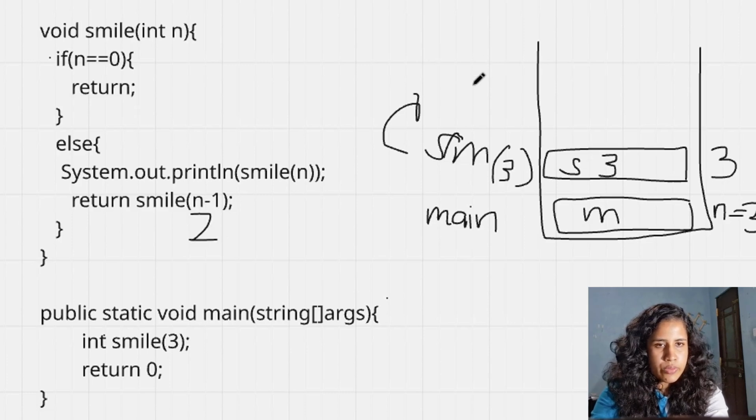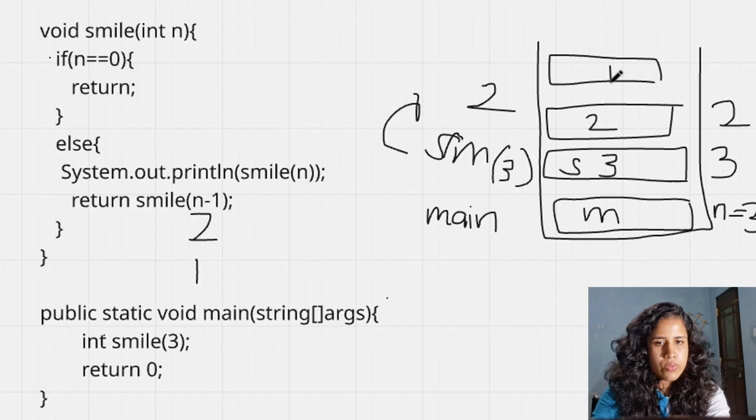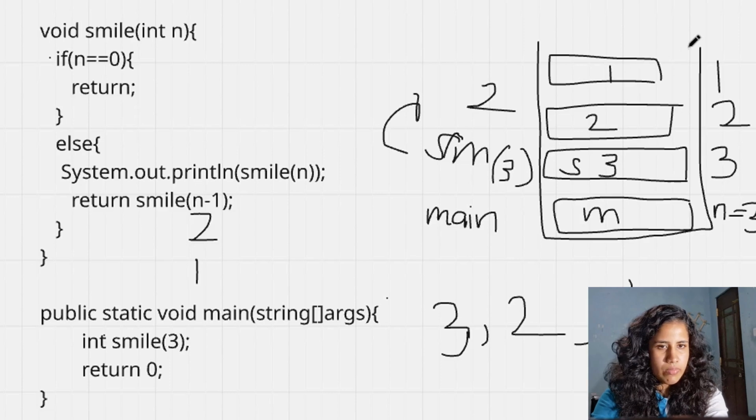So next the smile 2 is there. Here it is the function 2. So it will print 2. Likewise, then we do smile n minus 1, where n is 2. So 1. It will print 1. So we'll get the output as 3, 2 and 1.